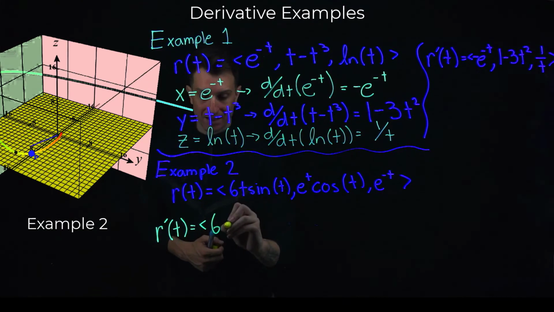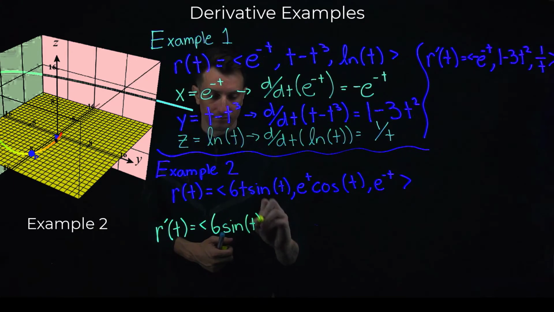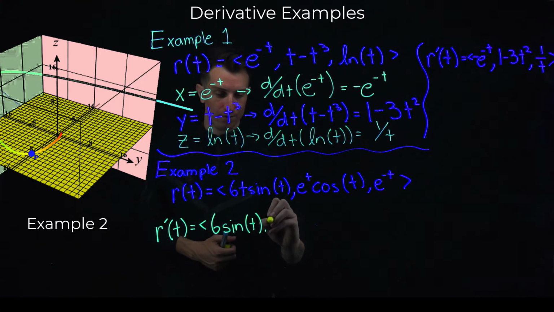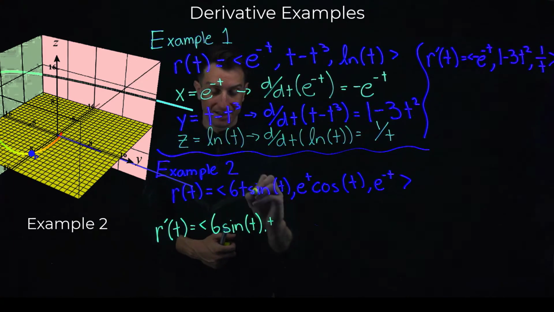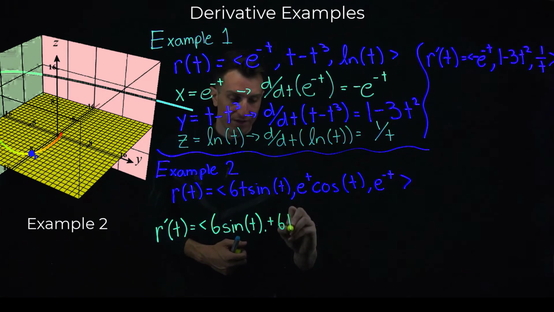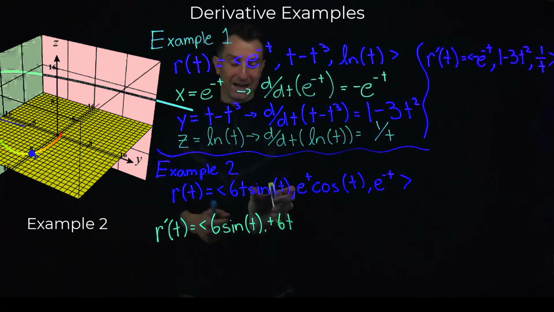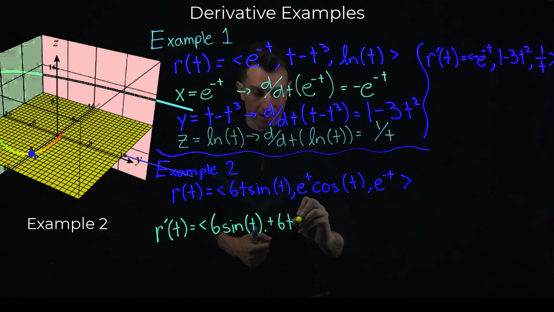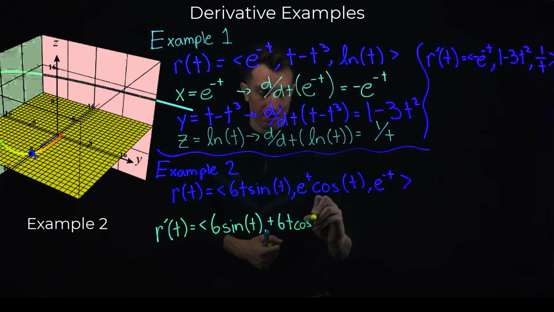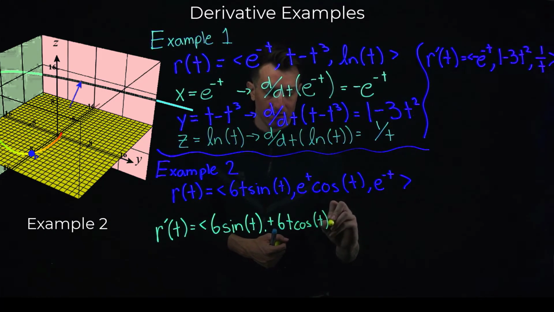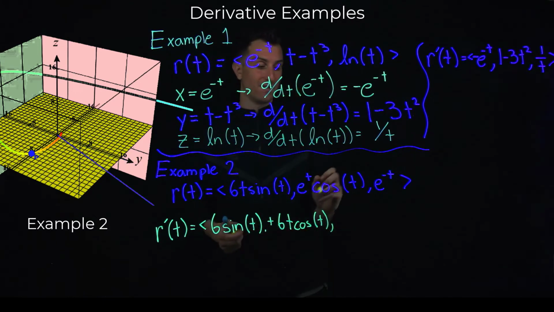Second one stays the same. And then plus, the 6t now stays the same, and you could have brought that 6 out to begin with. The second one, derivative of sine, goes to cosine of t, comma, same thing again.